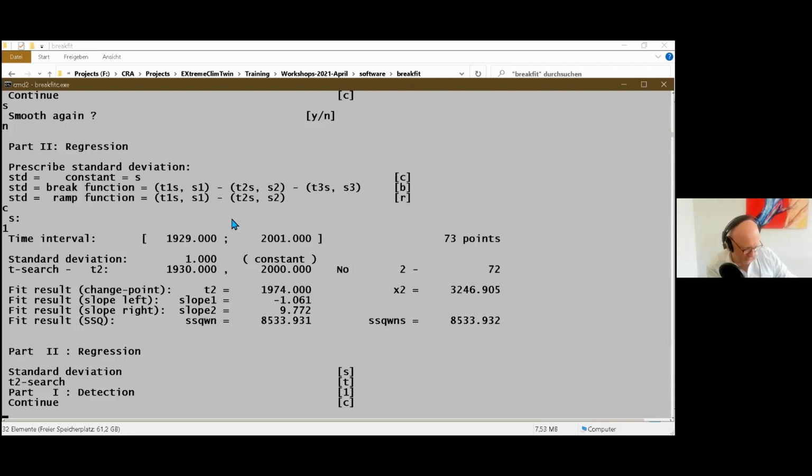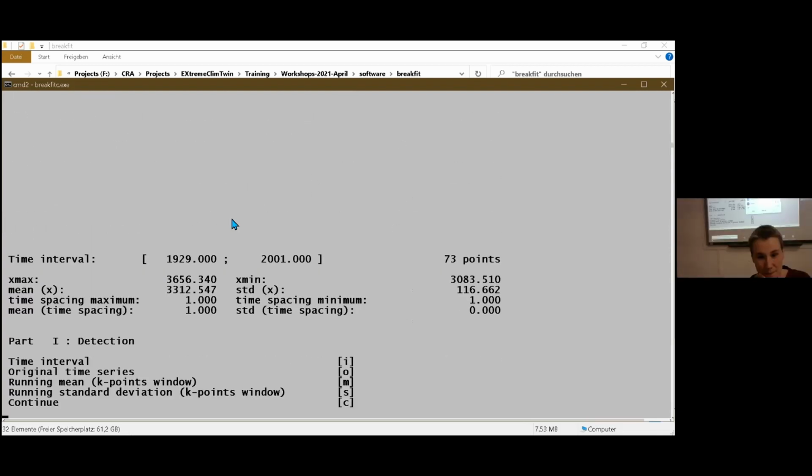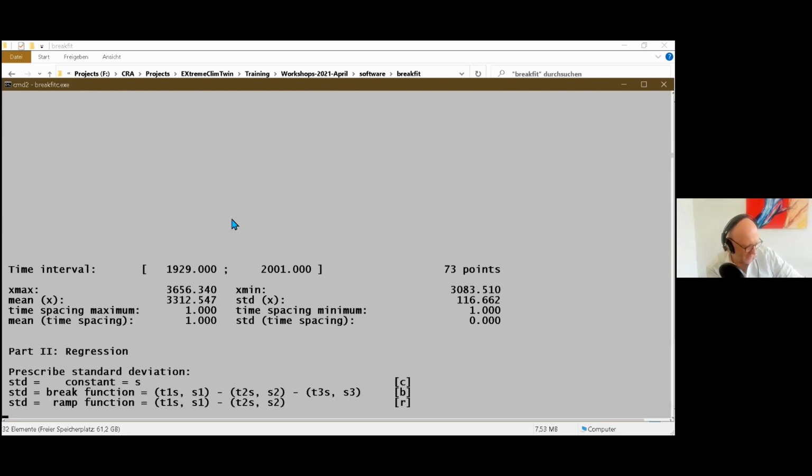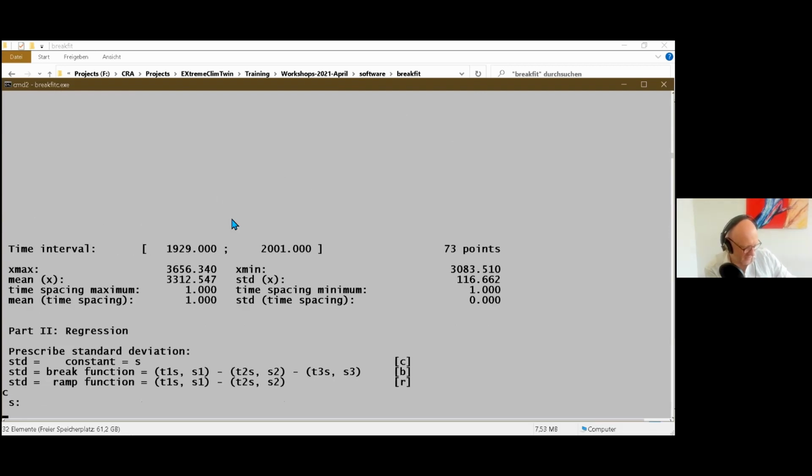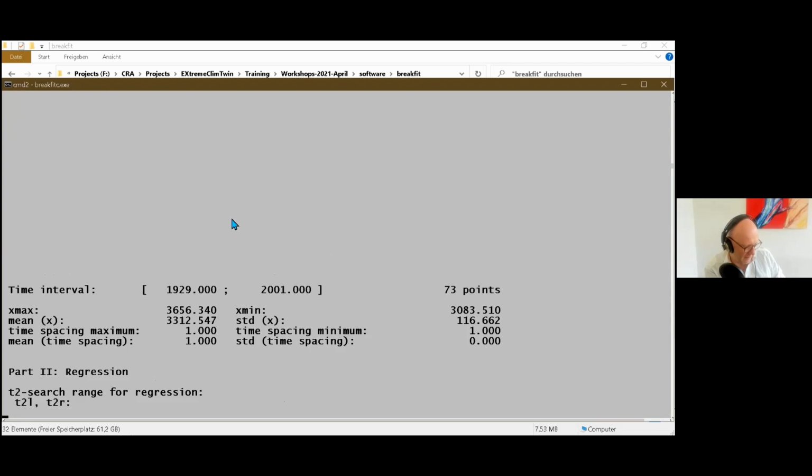I will go back to 1. And I press Z to continue. And now we are again here with this standard deviation. So your task would now be to fit by OLS this break model, Z and 1, and then the search range.